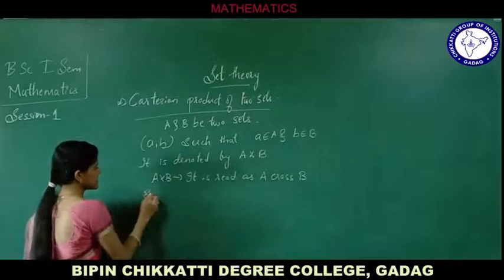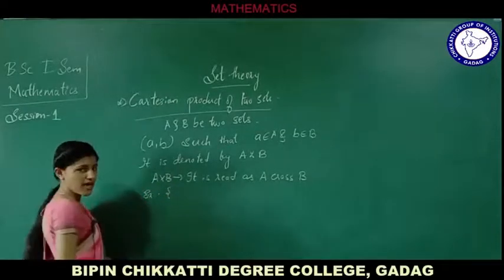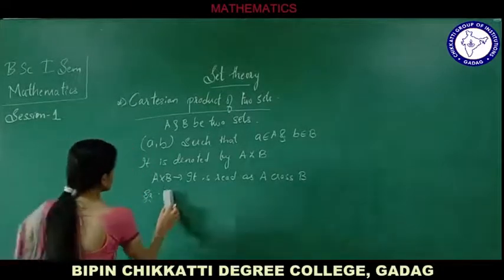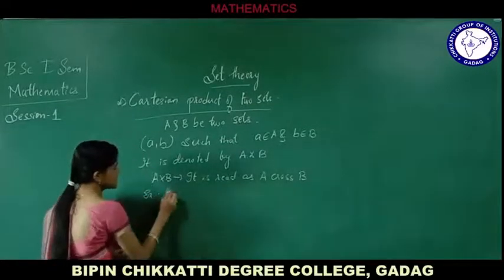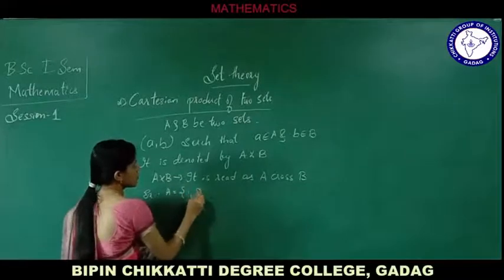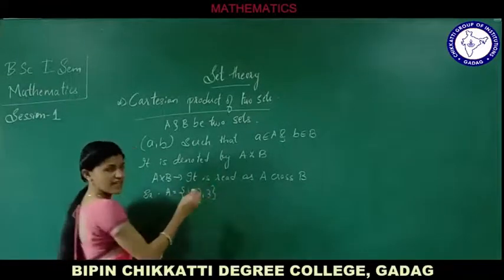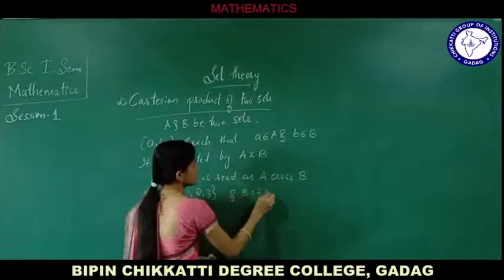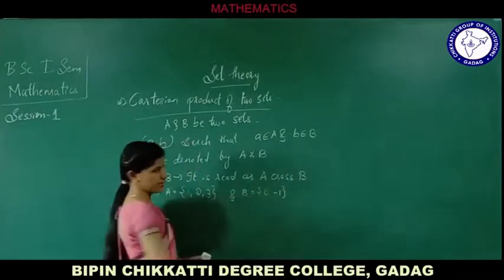Let us look at one example. We have set A equal to {1, 2, 3}, and let us consider set B equal to {0, minus 1}.